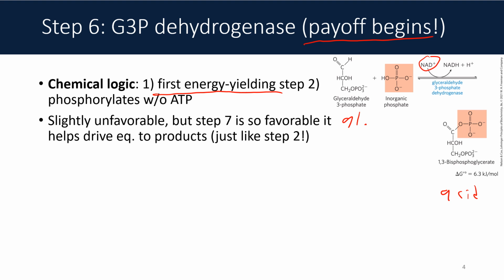That's an empty battery. Once we go through the mechanism and oxidize this position, we will get out NADH. I want you to think of NADH as money in the bank.